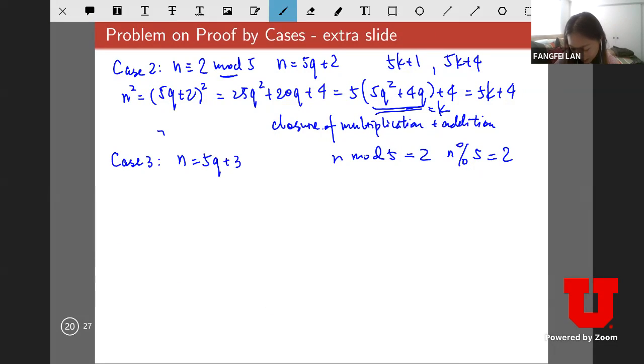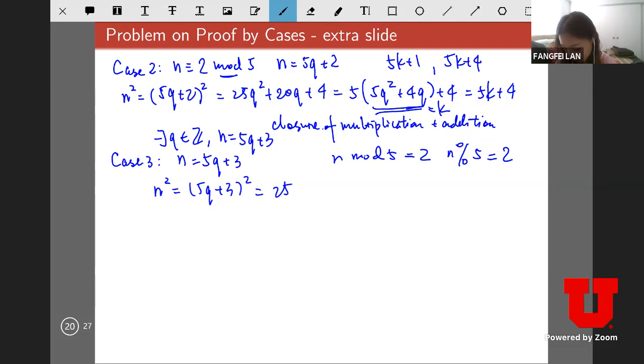So we're saying that there exists q in the integers such that n is equal to 5q plus 3. Yes, q has to be an integer. Yes, we have an answer. Okay, n squared is equal to (5q plus 3) squared, and that is 25q squared plus 30q plus 9.